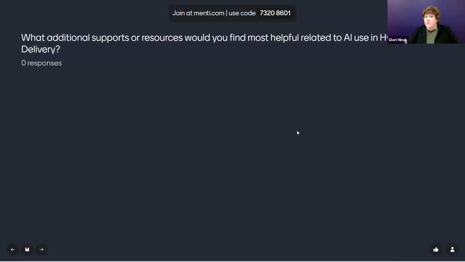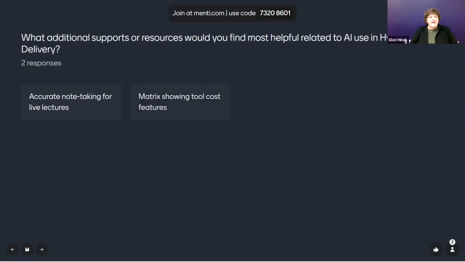What additional supports or resources would you find most helpful related to AI use in HyFlex course delivery? Not necessarily just specific to grading, but as a part of this group, what kinds of things might help in the realm of AI to support HyFlex design and teaching? Accurate note taking for live lectures.